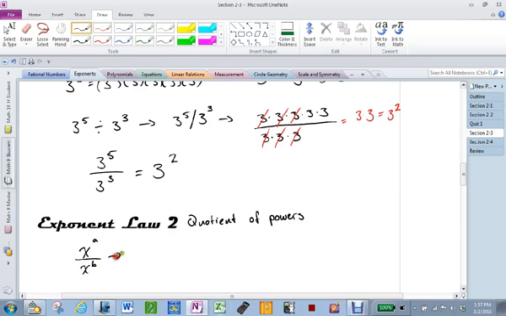So how else could I write it? x to the a over x to the b. How else could I write it? x to the a slash x to the b. That's it. For you guys, that's it. And the answer is going to be x to the a minus b.